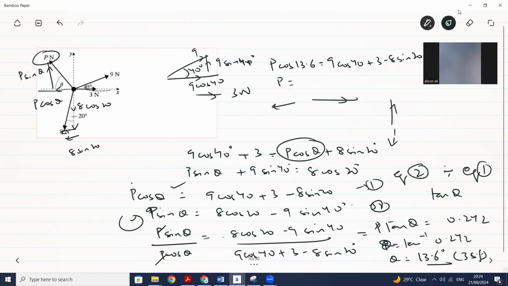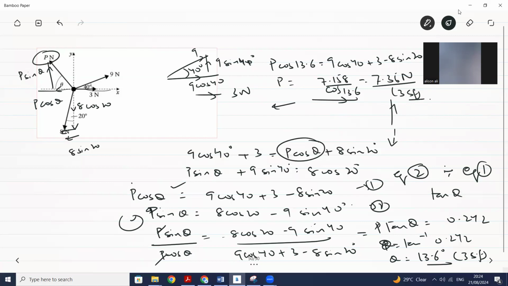So then P is coming 7.158 divided by cos 13.6, and our final value is 7.36 Newton. That is again correct to 3 significant figures.